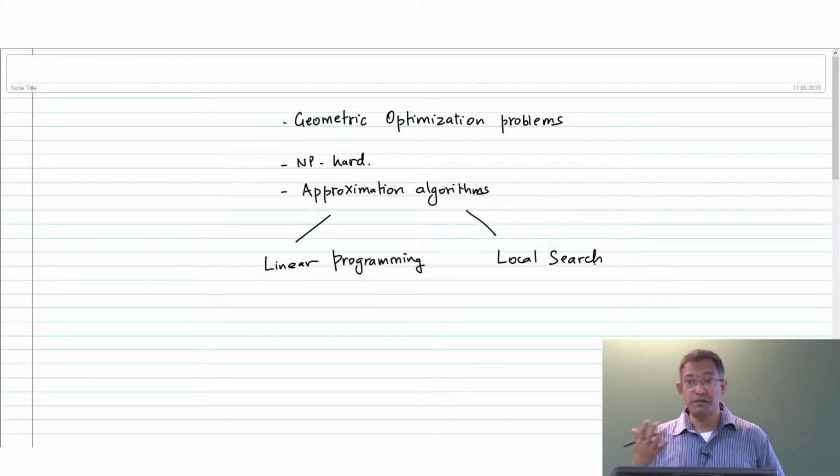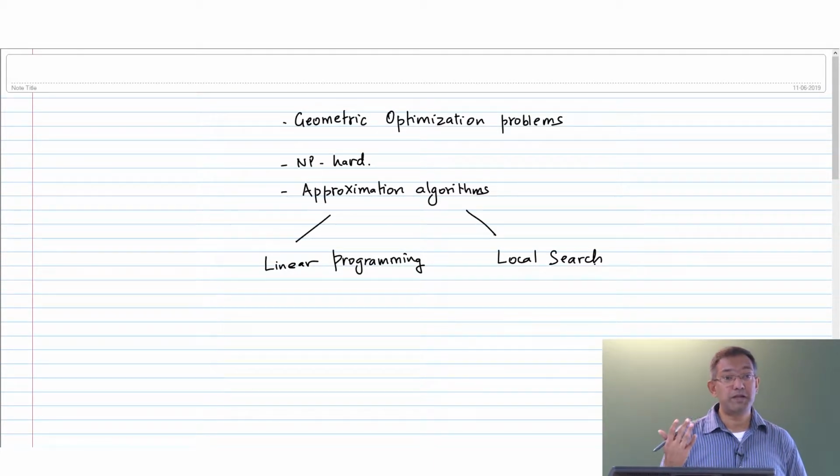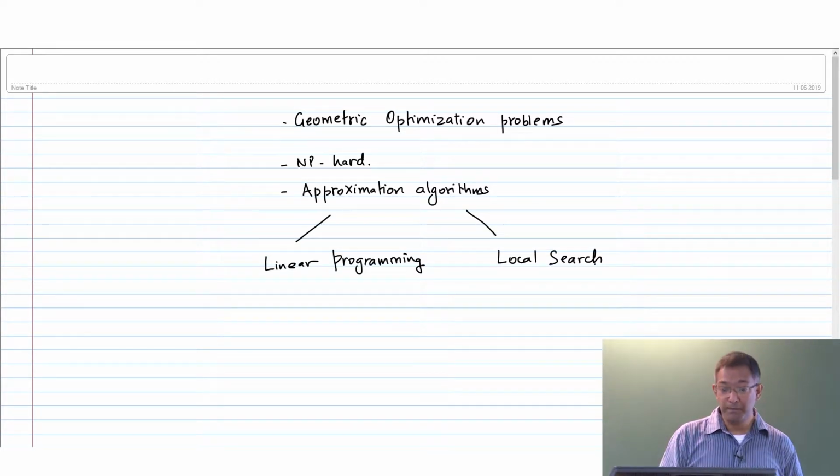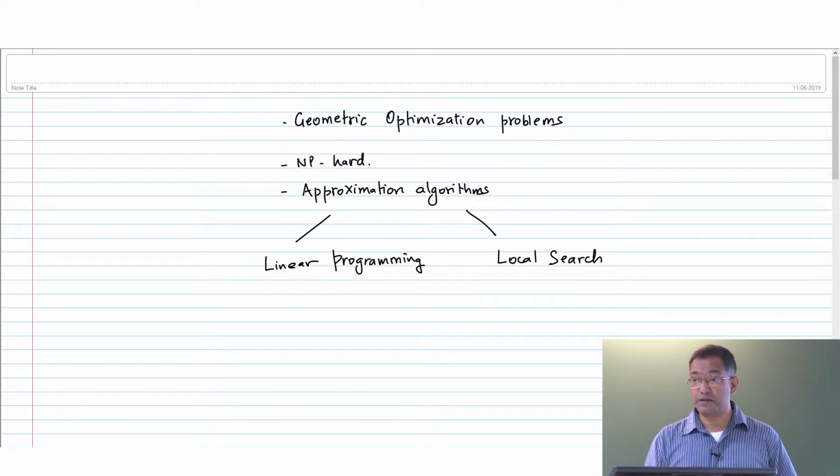The first three lectures will be on linear programming based approximation algorithms for geometric optimization problems, and the next three lectures will be on local search. Okay. I will define all of these things.